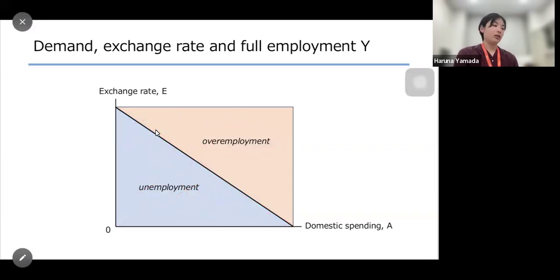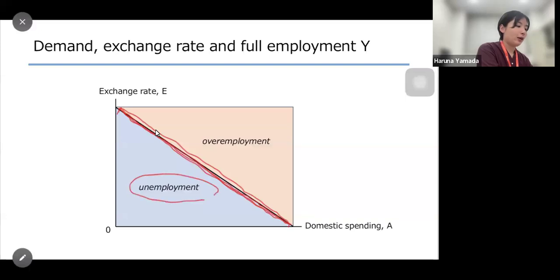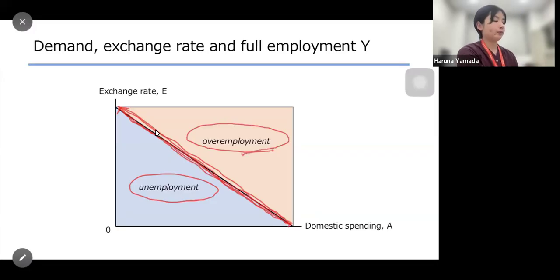So this downward sloping line is where the economy can achieve the initial internal equilibrium. If the economy is below this line, there is unemployment. If the economy is above this line, then the economy is in overemployment.